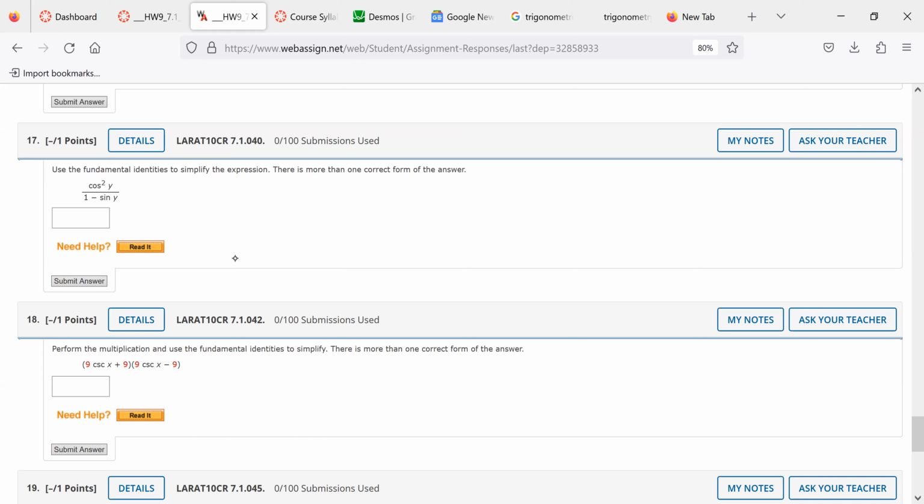This one has a minus sign, right? They're separate. But if you see a cosine squared, you should be thinking, maybe I should try the Pythagorean identity. I don't know if that's the best way, but for sure you have squared formulas, right? What is cosine squared equal to? 1 minus sine squared.